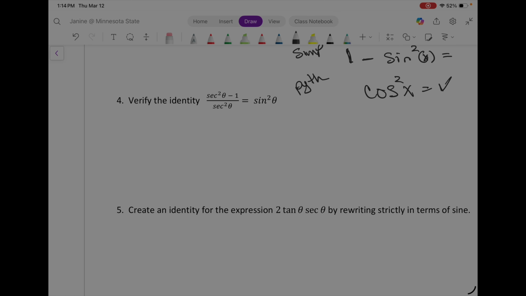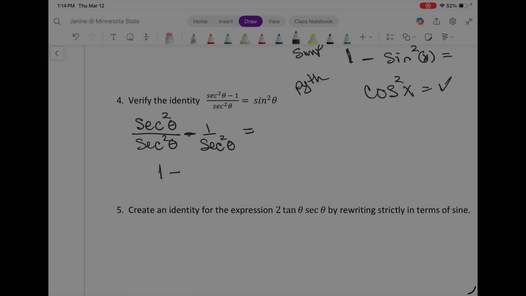I don't know that that's necessary as a first step here. I might instead try to write it as two fractions: secant of theta squared over secant of theta squared minus 1 over secant of theta squared. And I need this to equal sine squared. So these simplify to 1 minus.